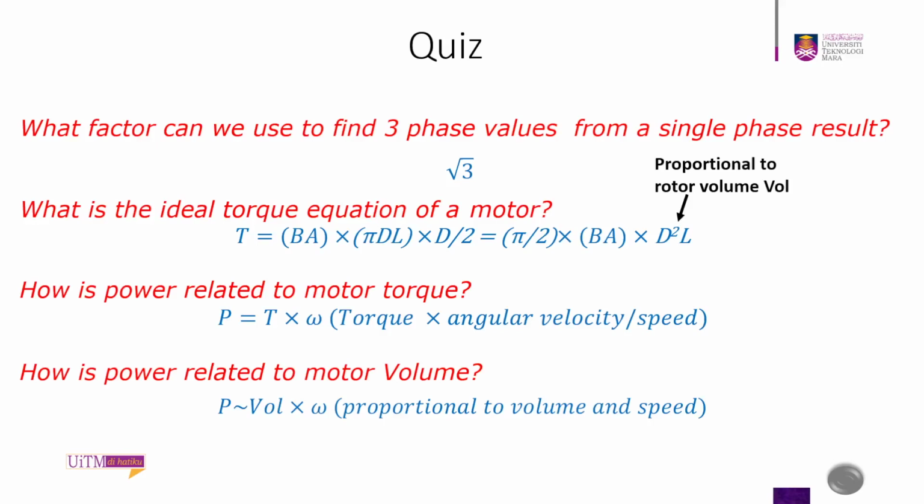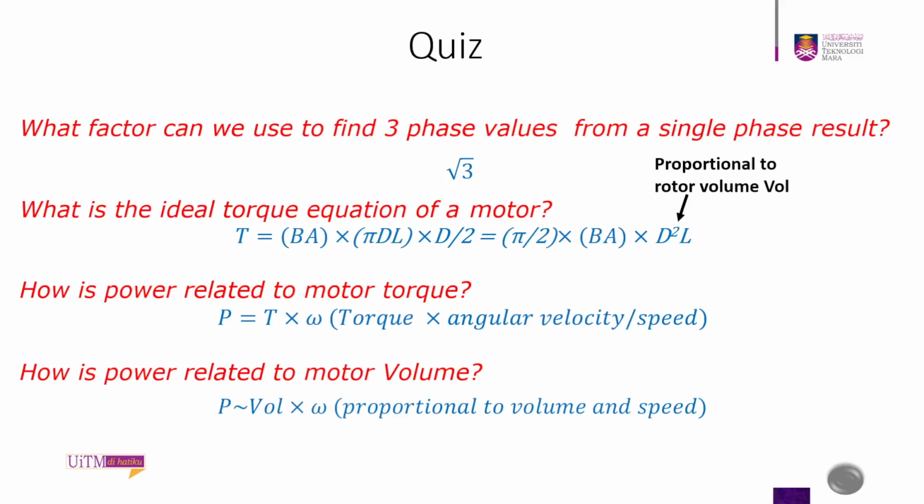What is the ideal torque equation of a motor? So there are a few equations that relate to the torque. One is B multiplied by A, pi d l, multiplied by d over 2. B is magnetic flux density. A is the area. Pi d is the circumference of the rotor. L is the length of the rotor. And again, d is the diameter.